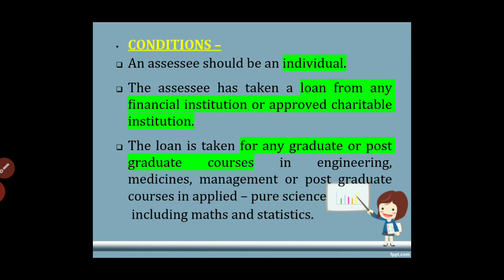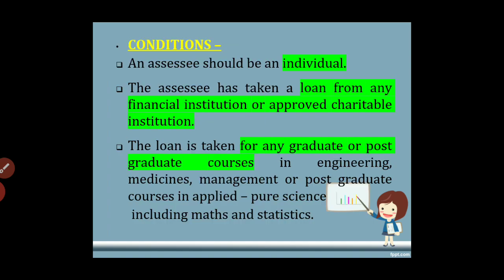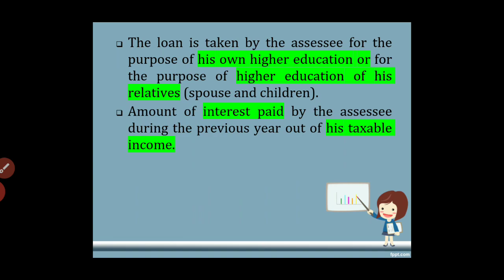This section is for the interest on loan taken for higher education. Here you can read section 80E, tax saving on education loan. And these are the basic conditions કે લોન તમે ક્યાંથી લીધેલ હોવી જોઈએ? ફાઇનાન્શિયલ ઇન્સ્ટિટ્યુશન ઓર અપ્રુવડ ચેરિટેબલ ઇન્સ્ટિટ્યુશનમાંથી, અને એ પણ શેના માટે? ફોર એની ગ્રેજ્યુએટ ઓર પોસ્ટ ગ્રેજ્યુએટ કોર્સિસ. એન્ડ કોને મળે છે આ ડિડક્શન? તો કે આઈધર ફોર હિઝ ઓર હર ઓન સ્ટડીઝ ઓર ફોર ધ સ્પાઉસ ઓર ચિલ્ડ્રન યુ કેન અવેલ ધ ડિડક્શન. એન્ડ ઇન્ટરેસ્ટ એમાંથી પે થયેલ હોવું જોઈએ ફ્રોમ ધ ટેક્સેબલ income.